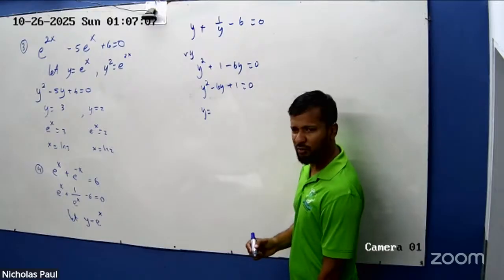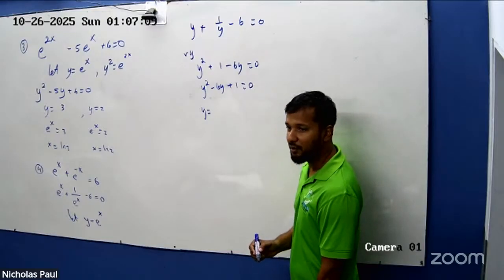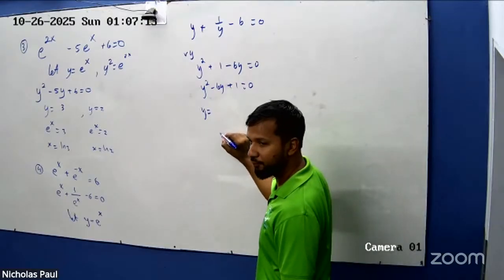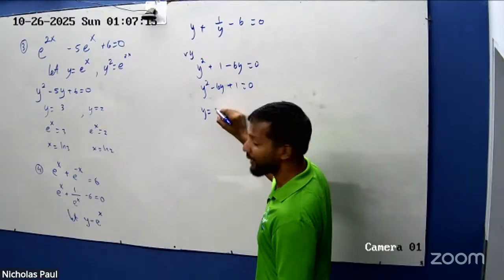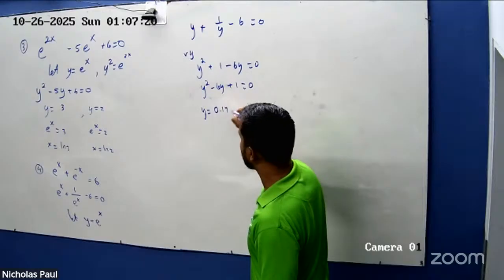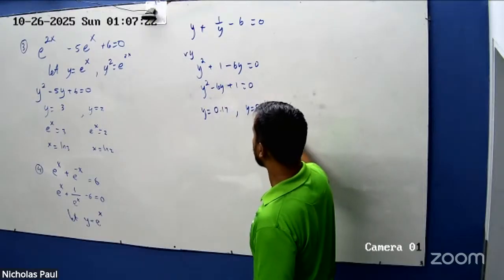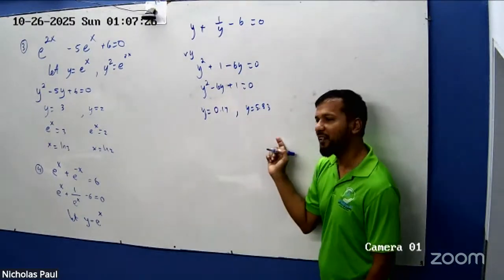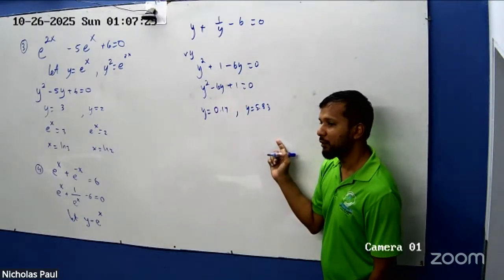It should work out. No, that's okay. It's not a whole number. Give me the decimal now. 0.17 and 5.83. Yeah, that can happen. You can get values like that. Can you get a negative value? Look back at your graph.